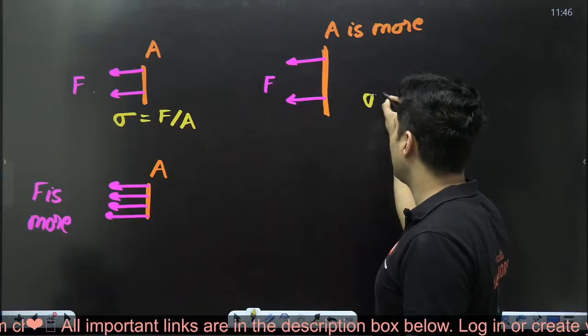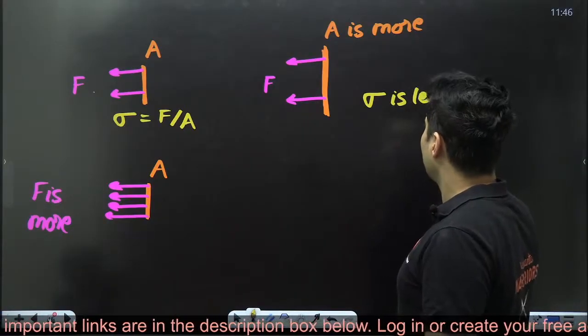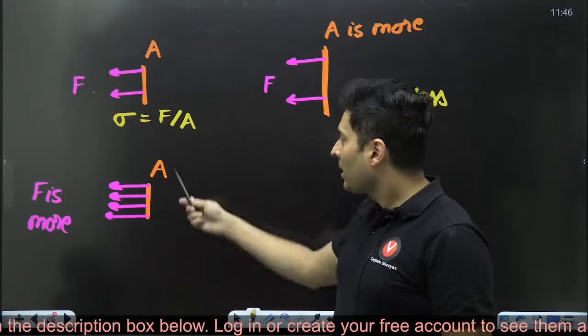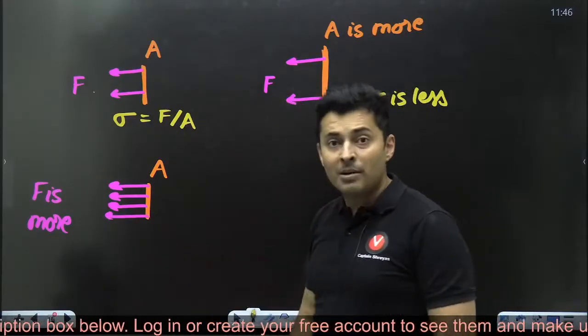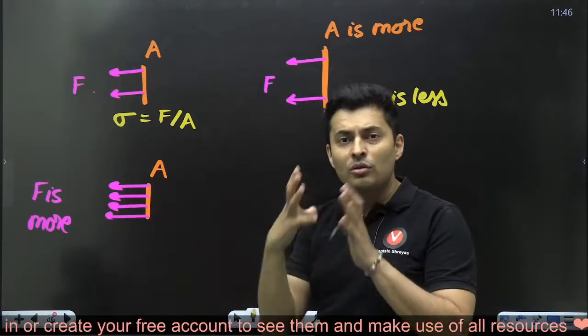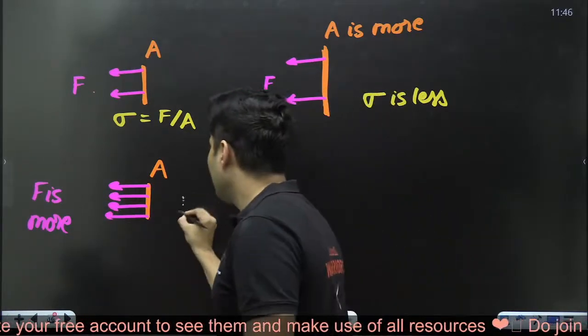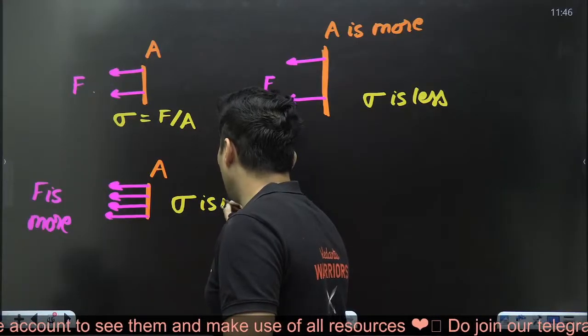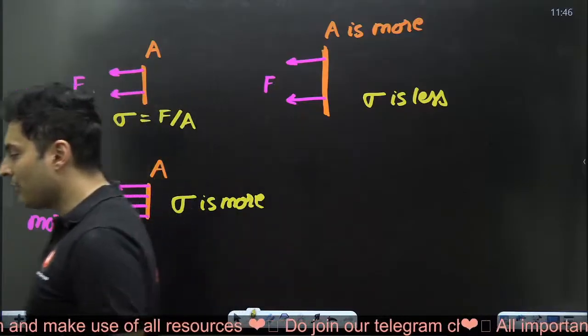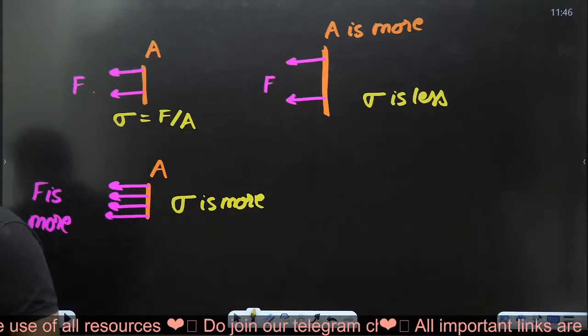So can I say sigma is less, the stress is less, because the force has been spread on a large area. Here the area is the same, but much larger force has been applied on that same area, so the concentration is more. So can I say sigma is basically more? Can I say the stress is basically higher? Everyone, can I say stress is equal to pressure?